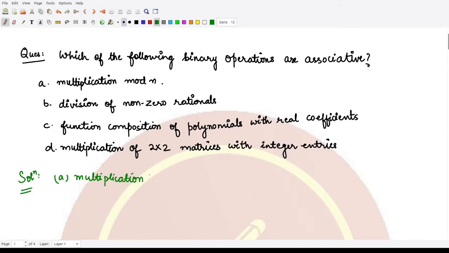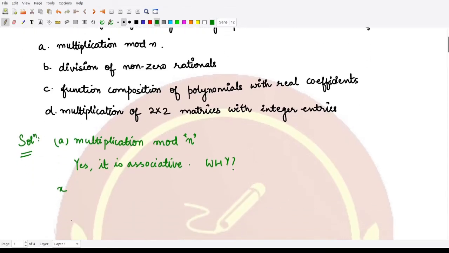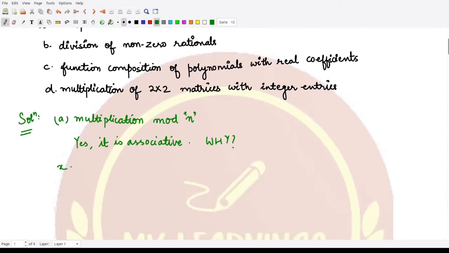Now, can you think of this? Is this an associative binary operation? Yes, it is associative. Why? Because you can very clearly see, if you take any three numbers, say x, y and z, multiplying x and y first and then z is equal to multiplying y and z first and then x.